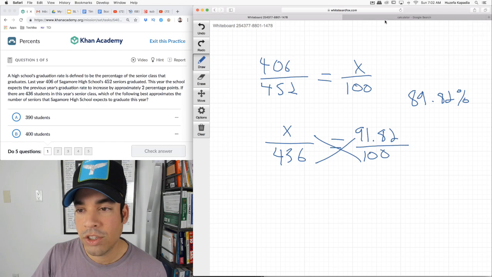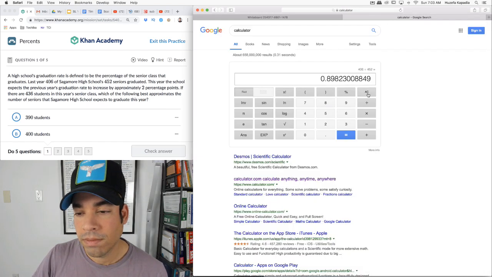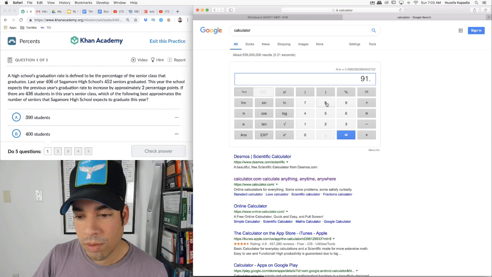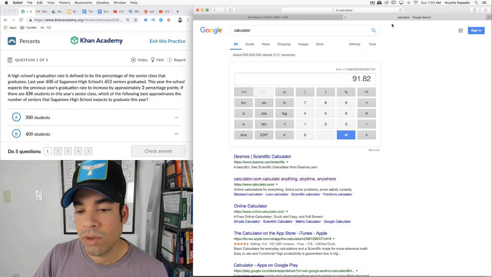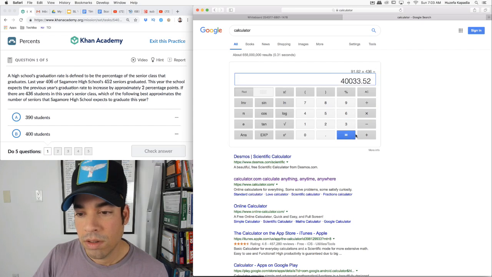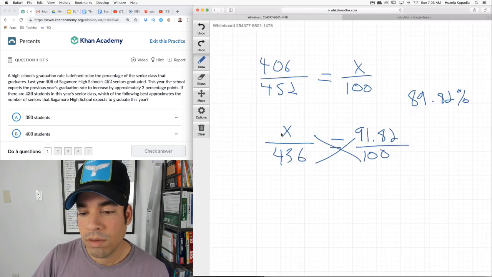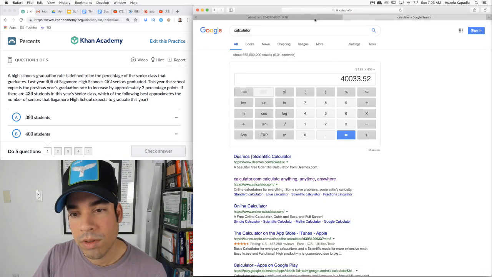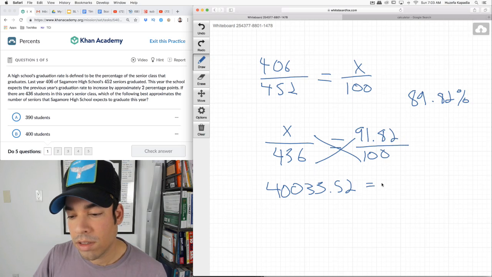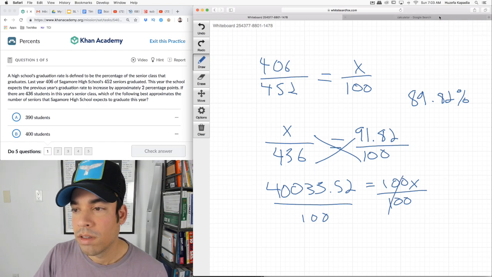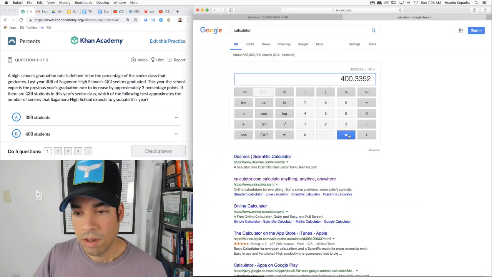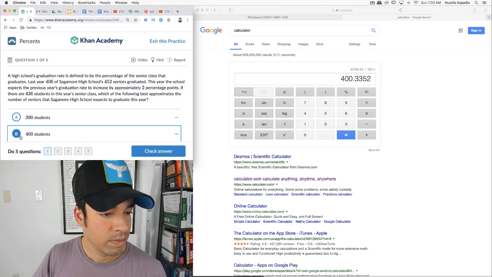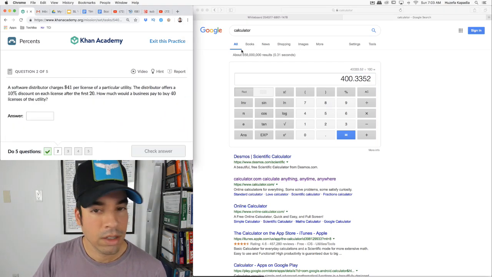We can do a little cross multiplication. 1.82 times 436 is 40,000, whatever it is, 40,000.52, right, equals 100x. Now we're going to divide both sides by 100, and it's 400 roughly. Okay, boom. All right, next.